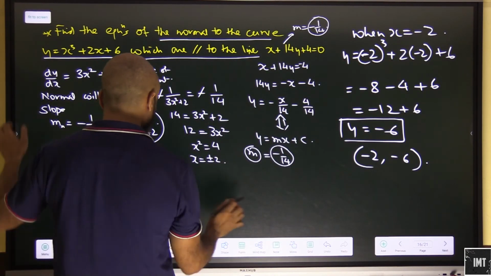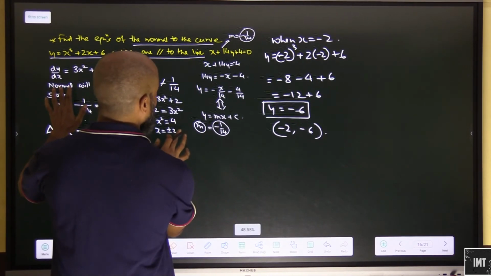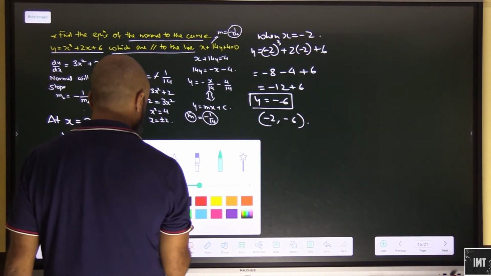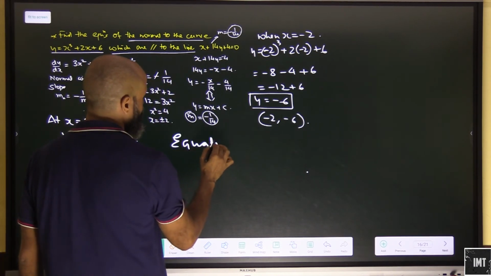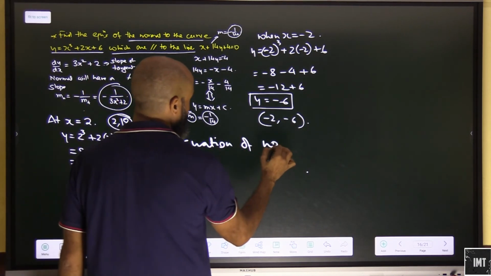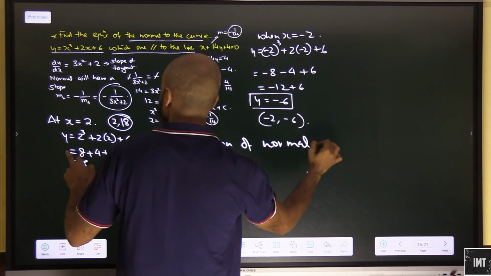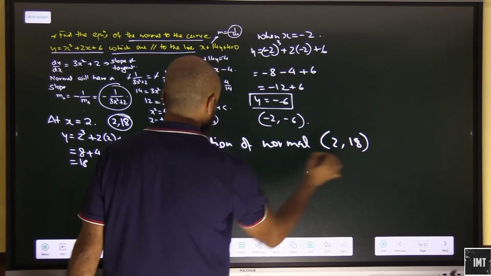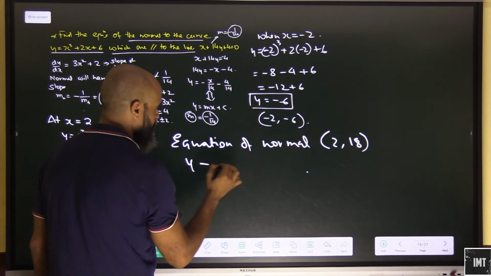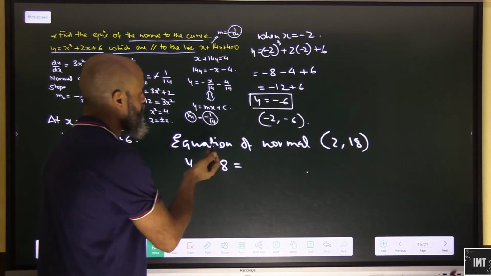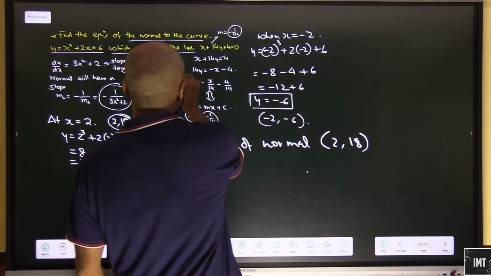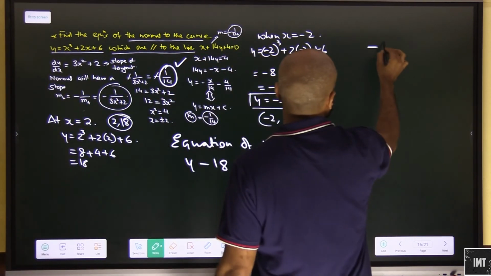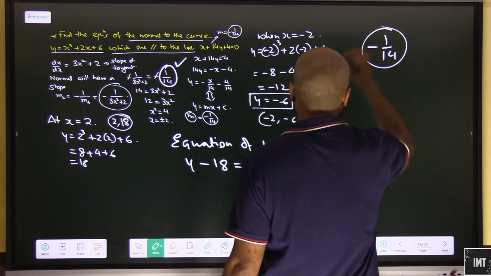Now what we need to draw here is equations of the line. Okay. So equation of normal which passes through point 2 and 18, this will be y minus y1 is equal to m. Slope for both of them will be how much? Slope for both of them is going to be minus 1 by 14.